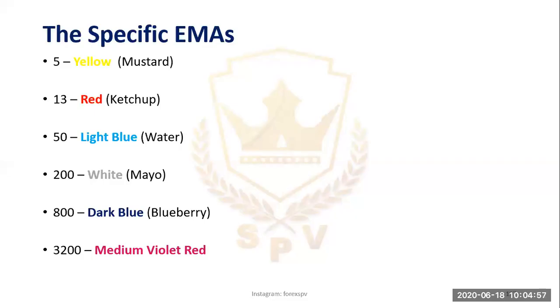We have the water, the 50 EMA, which feeds in 50 candles. We have the 200 EMA, the blueberry, and we have the 3200 EMA, the medium violet red.